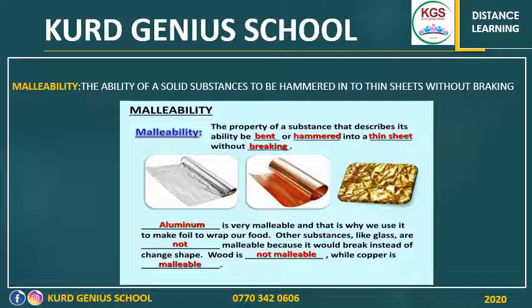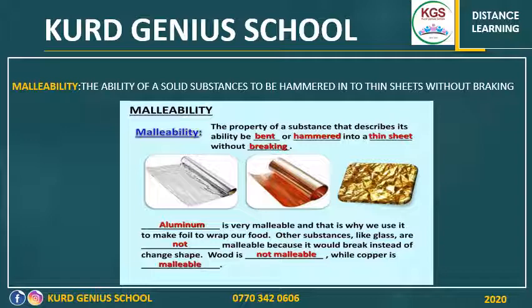We have different examples. We have tin and aluminum foil. Those are materials that could be malleable. For example, aluminum is very malleable, which is why we use it to make foil to wrap our food.